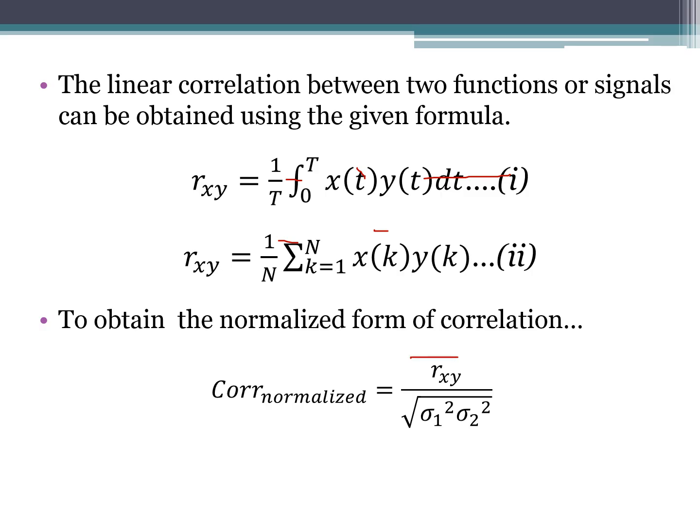Here sigma 1 square represents the variance of the first signal and sigma 2 square represents the variance of the second signal. In the normalized form, a value equal to 1 indicates that two signals are identical. If you get -1, it indicates that these two signals are exact opposites.